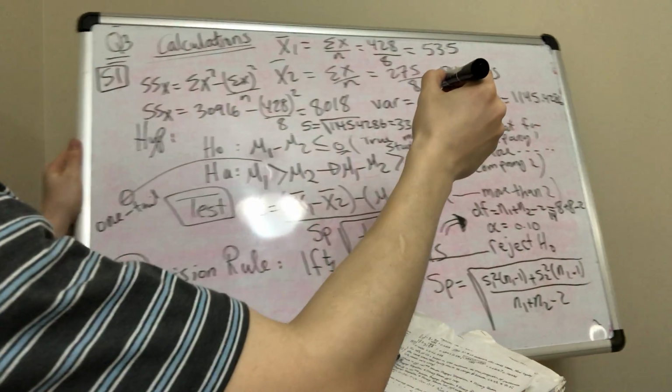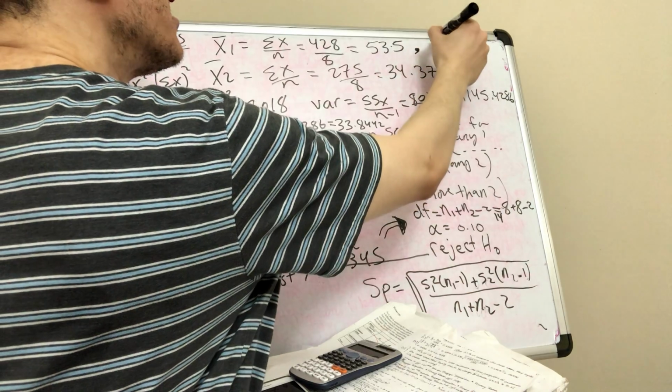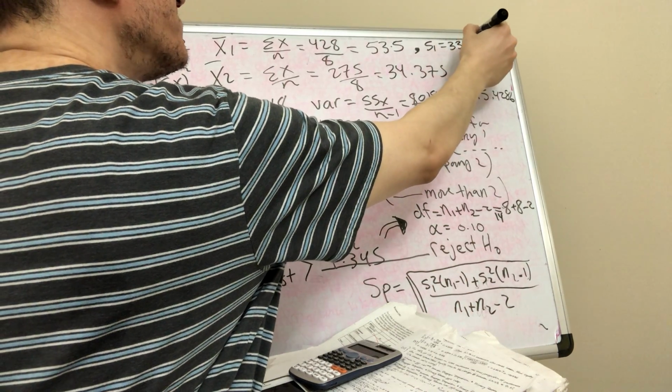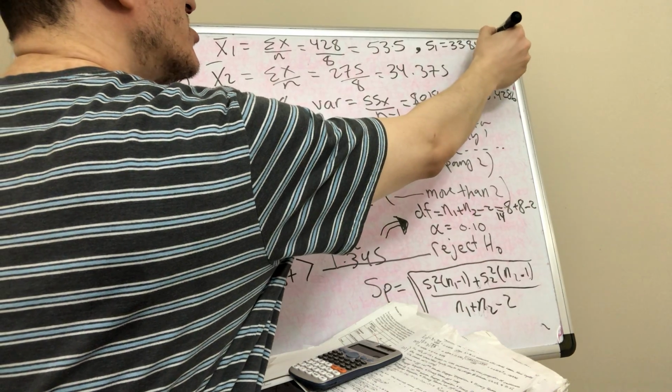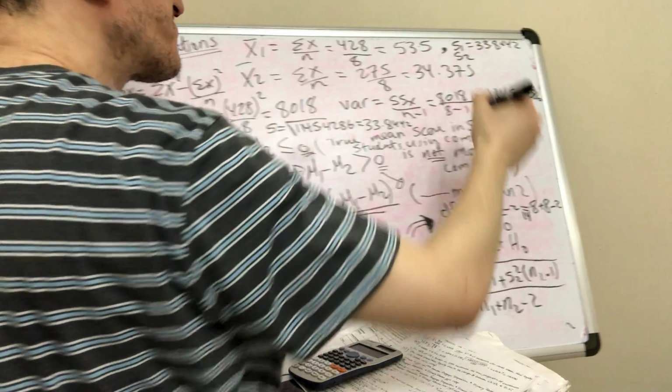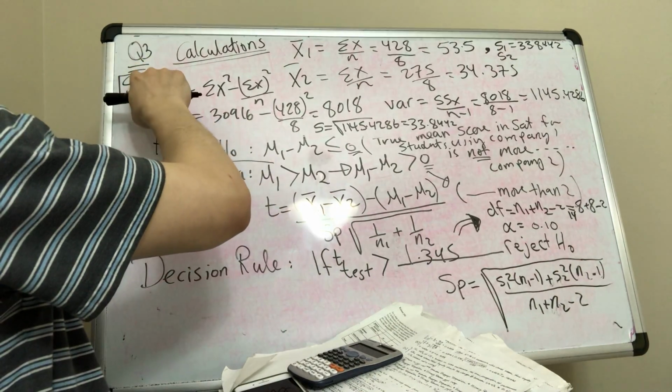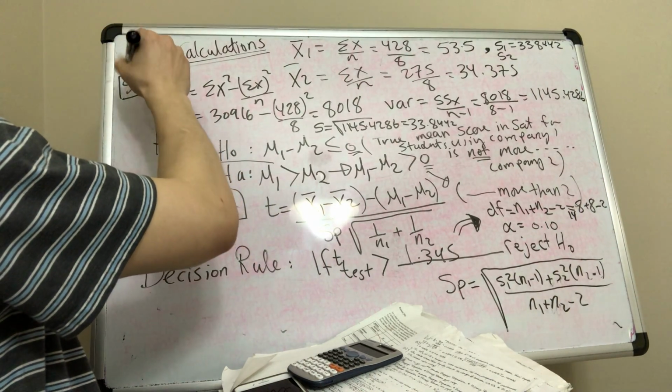So I'm going to go here. Standard deviation 1 is 338442. We do the standard deviation for company 2 now.